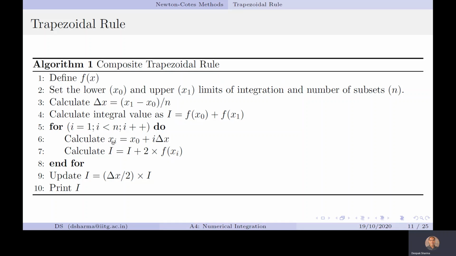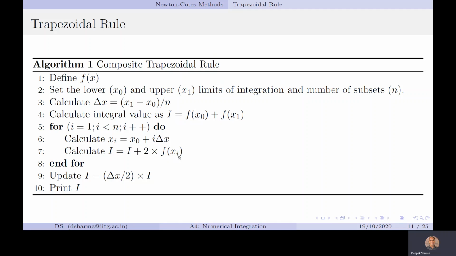In this for loop, first let us calculate the xi value. So xi is equal to x0 plus i delta x. Once we have calculated the xi value, in step 7, we calculate I as I plus 2 times f of xi.